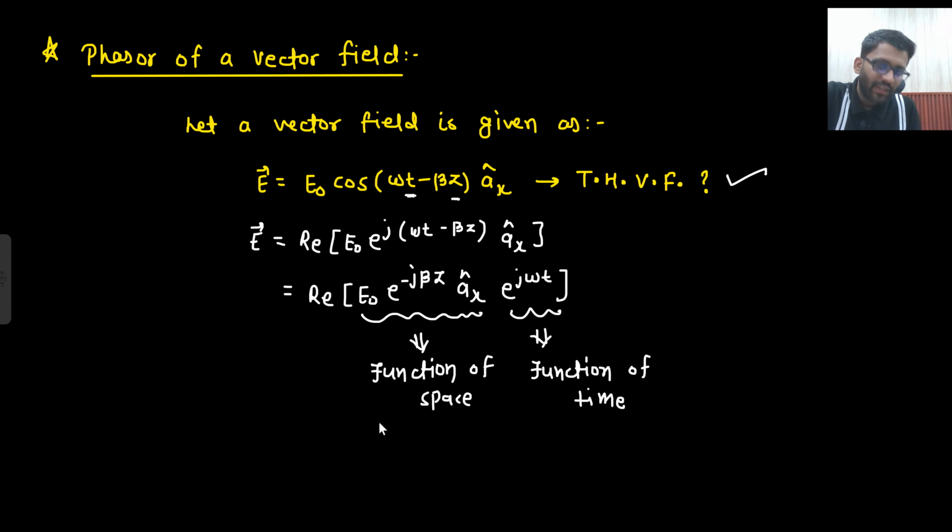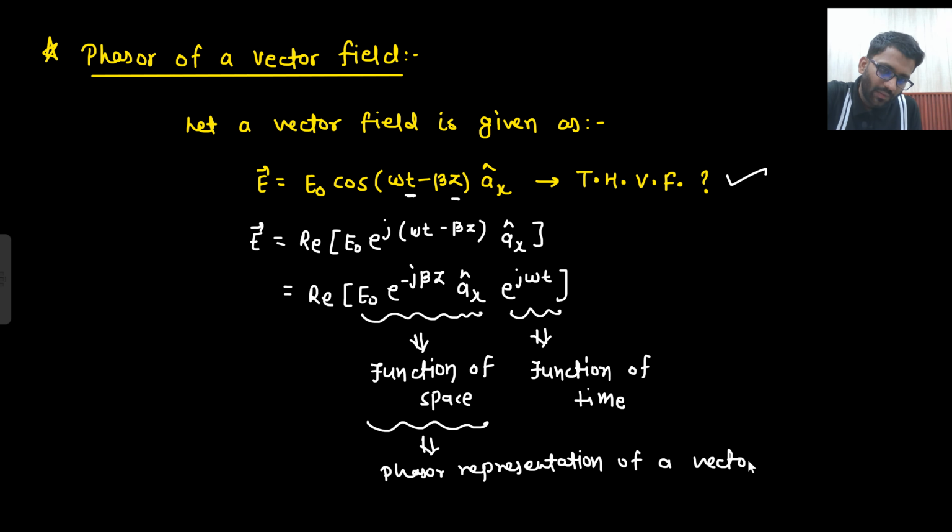Now this function of space is known as the phasor representation of a vector field. So if I say a vector field E is given, write down the phasor of that. The phasor is represented as Es, E subscript s.